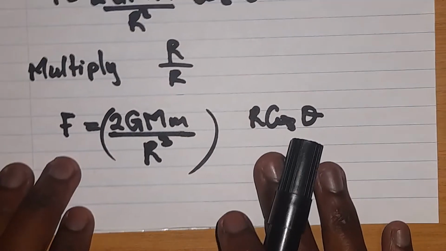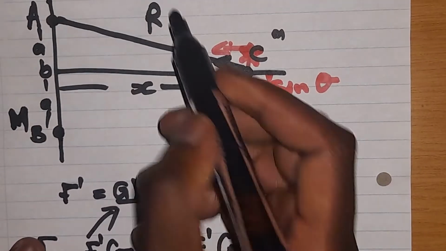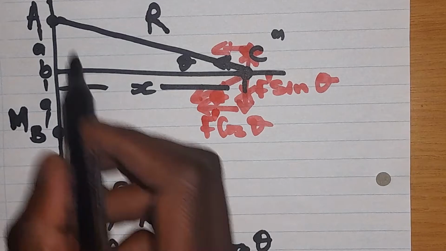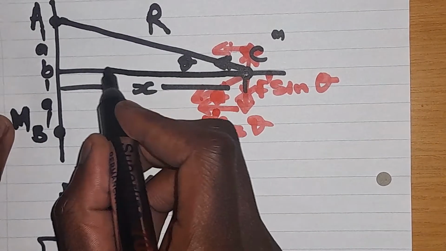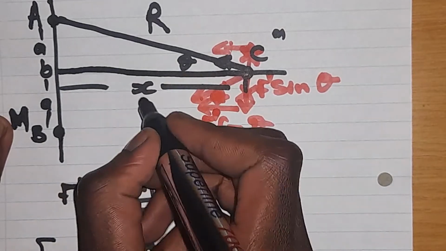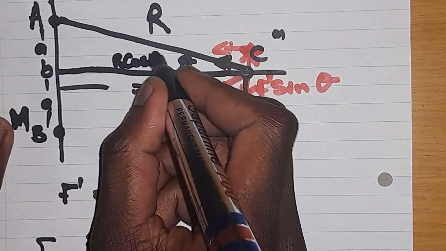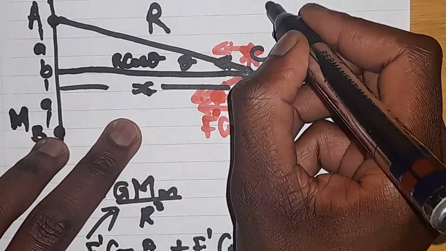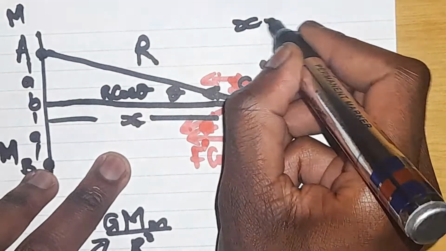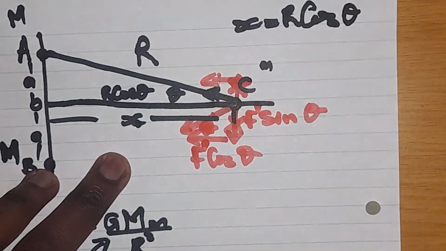If you go back to our diagram, you see this is our r, this is our theta, meaning this line here will be r cos theta, but this line is also equal to x, which means our x is equal to r cos theta.